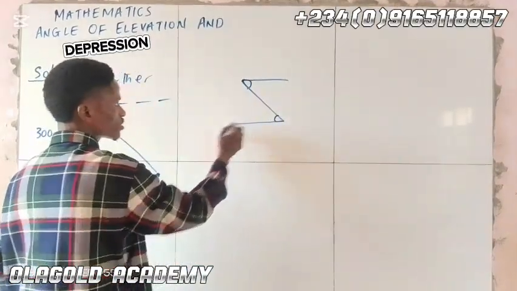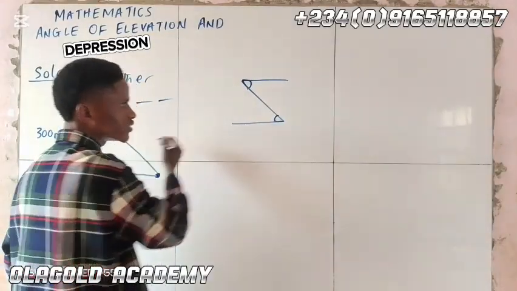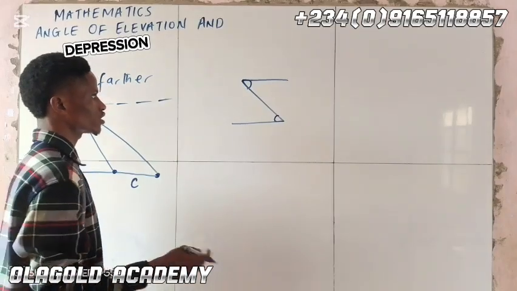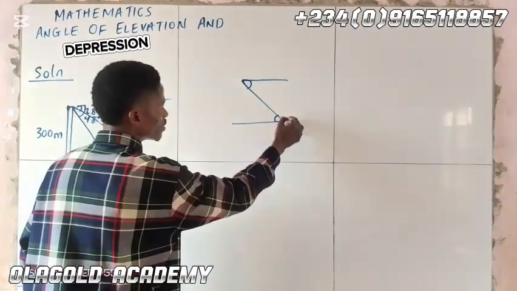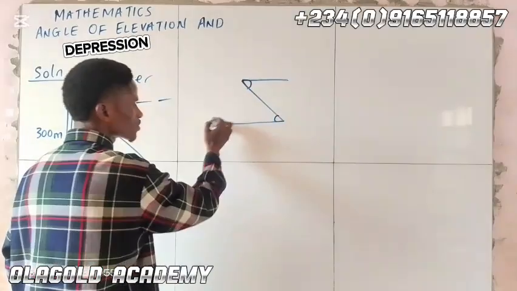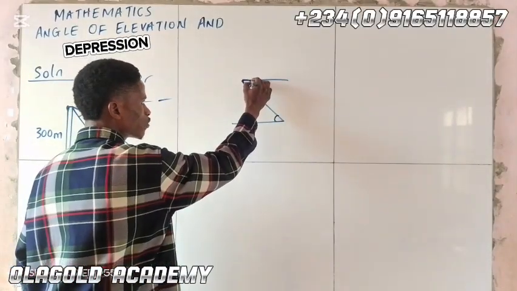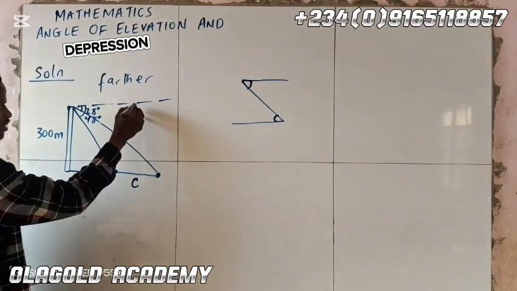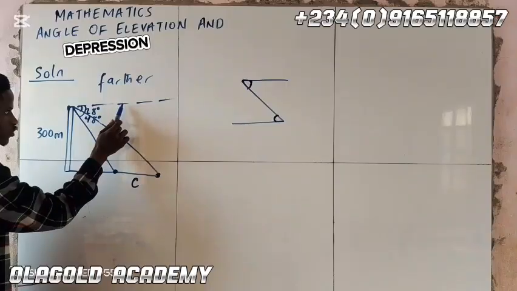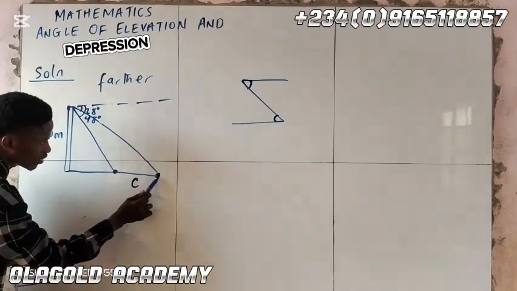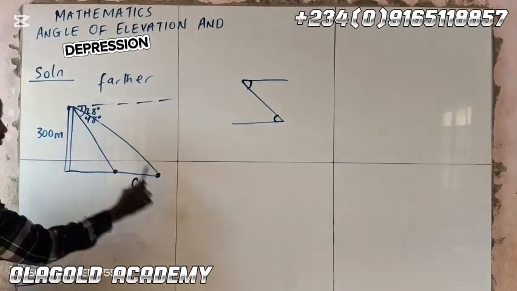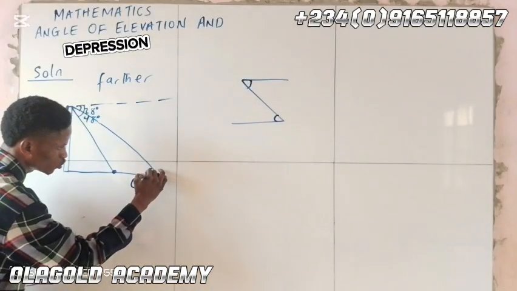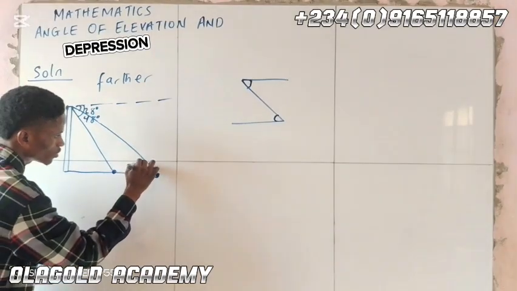This shape Z, as we call it in American English, the angle here is the same as the angle here. So this angle here is alternate to this angle. So this is 28 degrees.